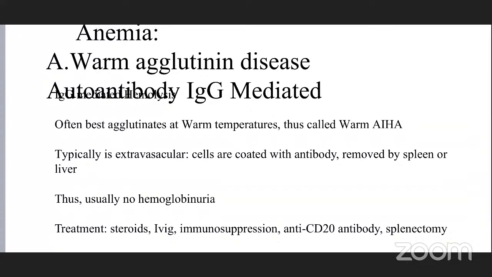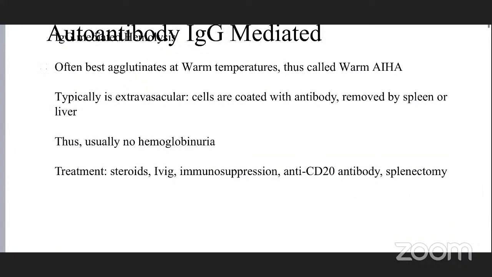Typically, it is extravascular: cells are coated with antibodies and removed by the spleen or liver. Because of this, we find that the patient has a big spleen. Thus, there is usually no hemoglobinuria. Treatment: steroids, IVIG, immune suppression, rituximab, anti-CD20 antibodies, and splenectomy. So in this type, we may need splenectomy.